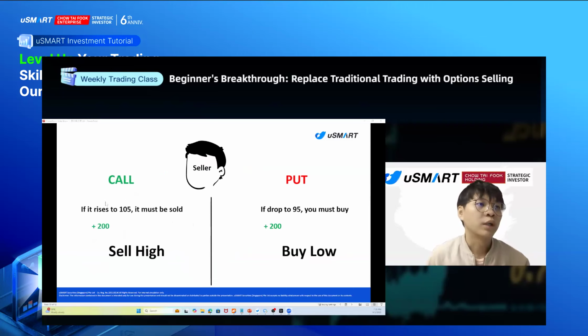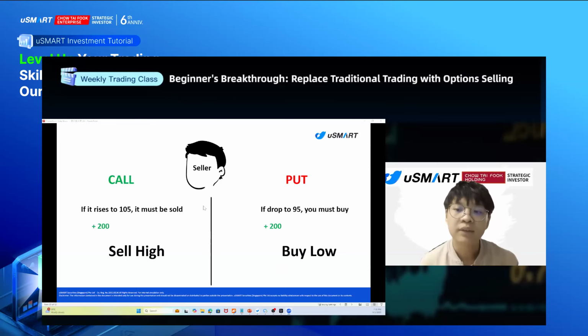So you can just understand it this way. If you become a seller of put options, it is very similar to a buy limit order. If it drops to 95, you must buy. You get a premium upfront, and this is equivalent to buying low.